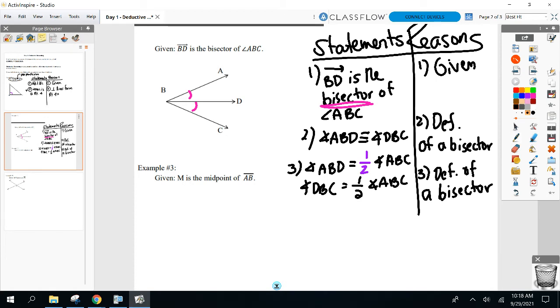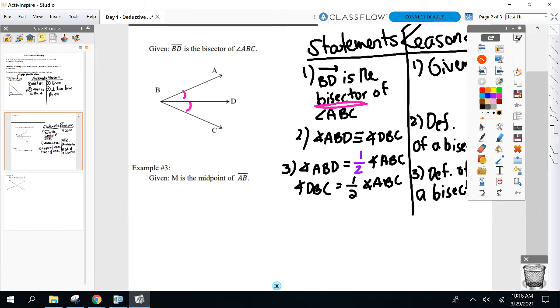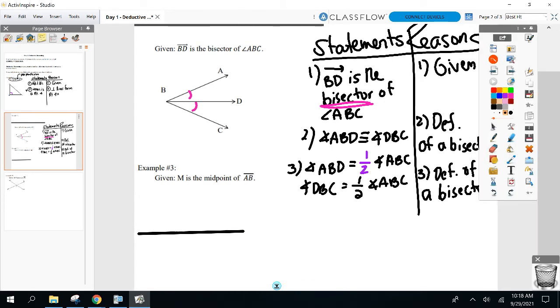Okay, M is the midpoint of AB. You know how to draw a line segment AB, put M on there. And hey, even if you want to throw markings on there now, because you know what a midpoint is.